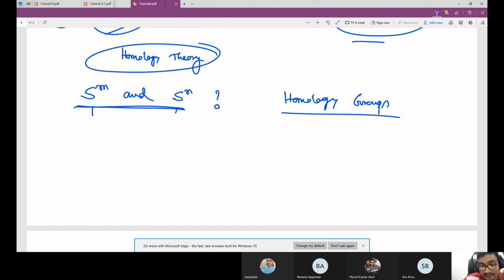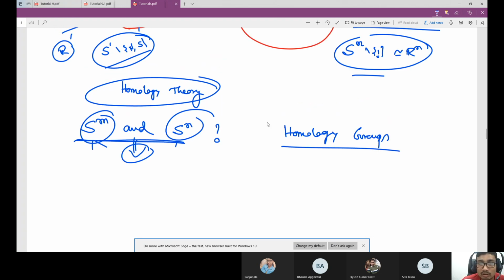If we calculate the homology groups of Sm and Sn, in the mth homology group these two are not the same. That's why they are not homeomorphic, because homeomorphic spaces have the same homology groups. Since in this case they are not isomorphic, they cannot be homeomorphic.